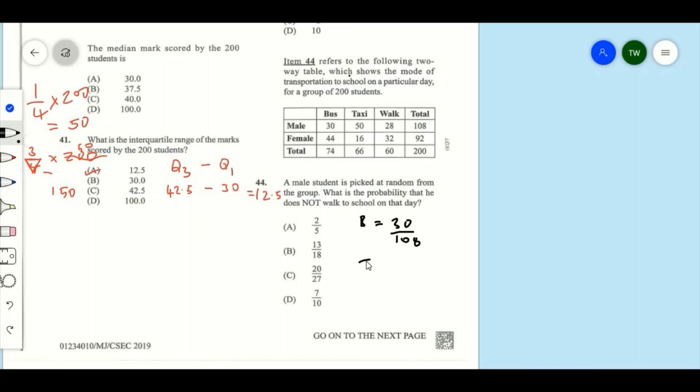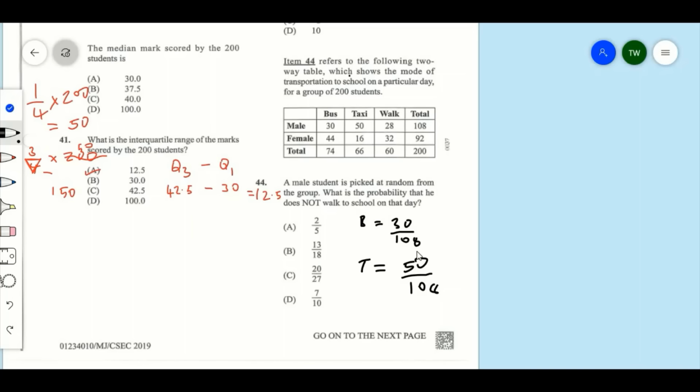And the probability of taking taxi, I'm just going to use T for taxi. The probability of taking taxi is going to be 50 males out of a total of 108.